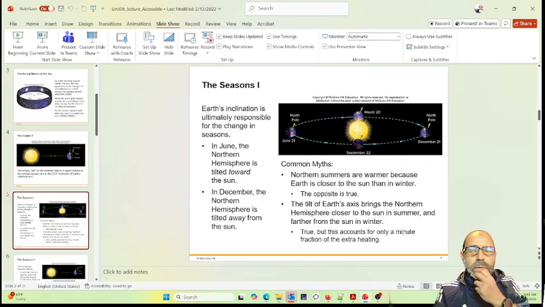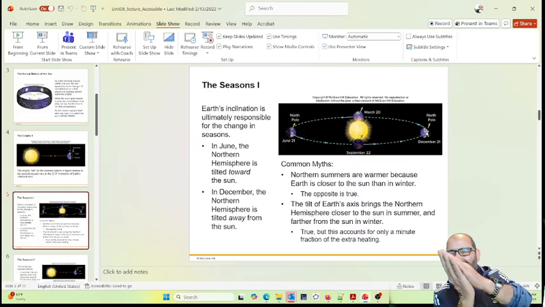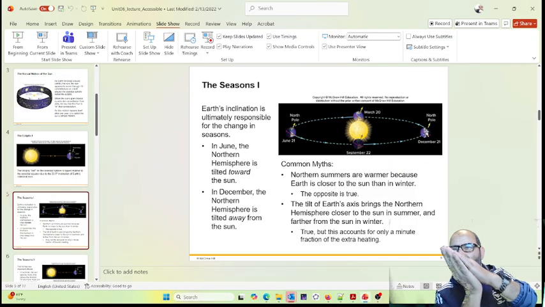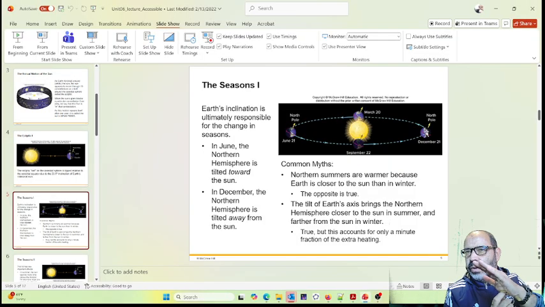The other argument you may have is that the earth is tilted away from the sun. Therefore, the northern hemisphere, at least in December, would be further away from the sun than the southern hemisphere. That's true.